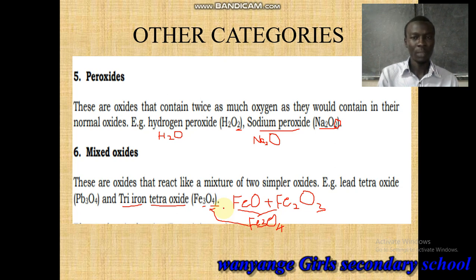Now, points to note very importantly is that any acidic oxide, when you react it with a base, you form salt and water. Any basic oxide, when you react it with an acid, you form a salt and water. Bases do not react with bases. Acids do not react with acids.